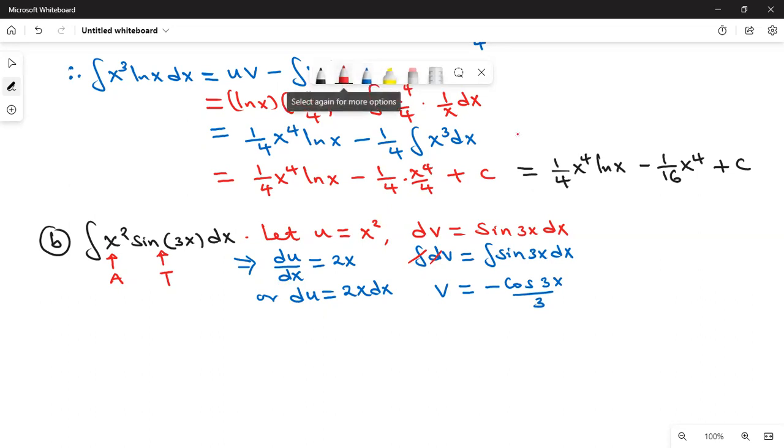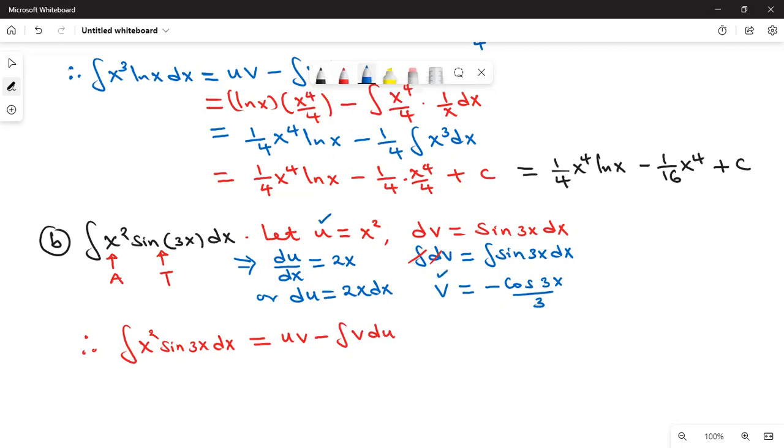So you can now say that therefore the integral of x squared sine 3x dx is the same as uv minus the integral of v du. So when I multiply, our u is this, our v is this one.